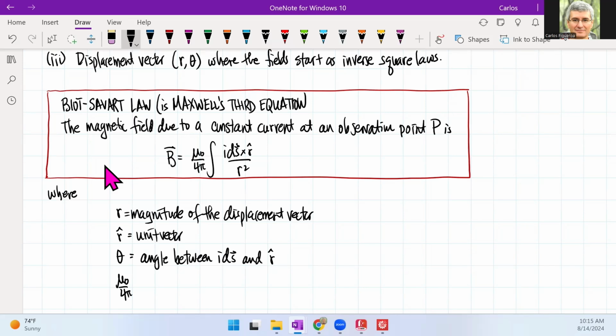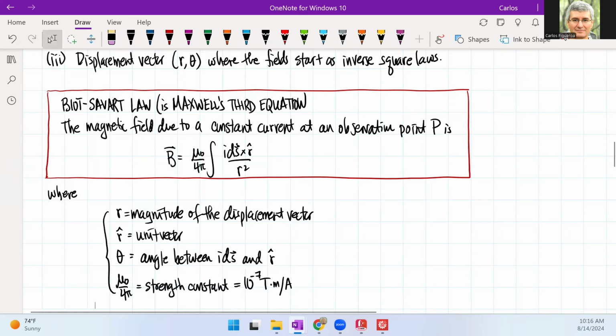We've talked about the strength constant already, and like we said, this number is really small, but it depends on the units that you use. But this is 10 to the minus 7 Tesla meter per amp. So those are the definitions of the terms.